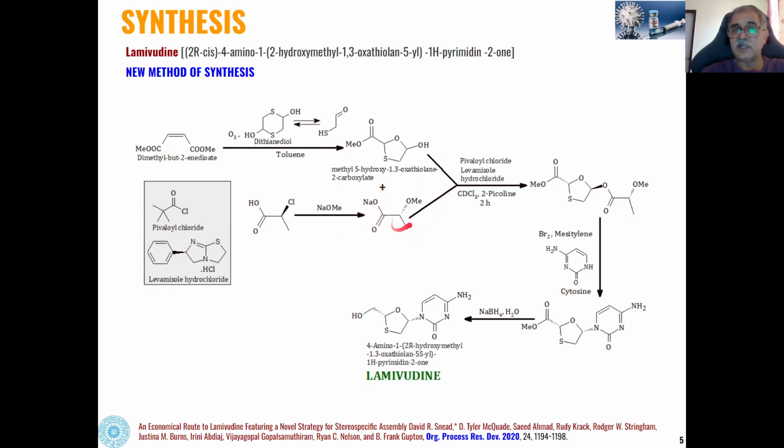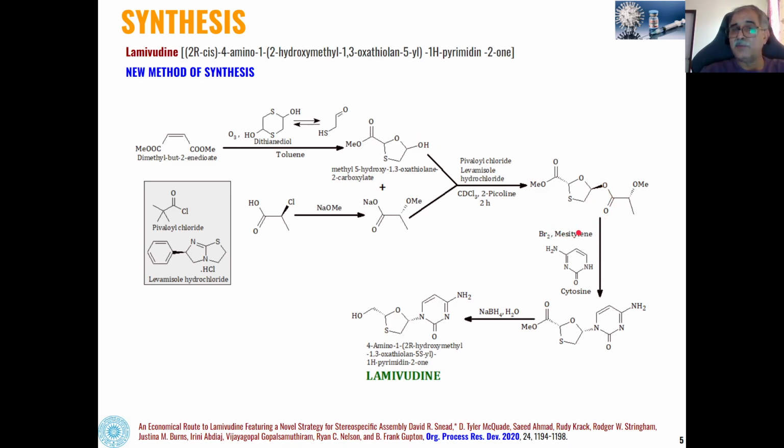Then this will condense with this 1,3-oxathiolane. Basically, this acid part will react with the alcoholic part, and the corresponding ester will be formed.